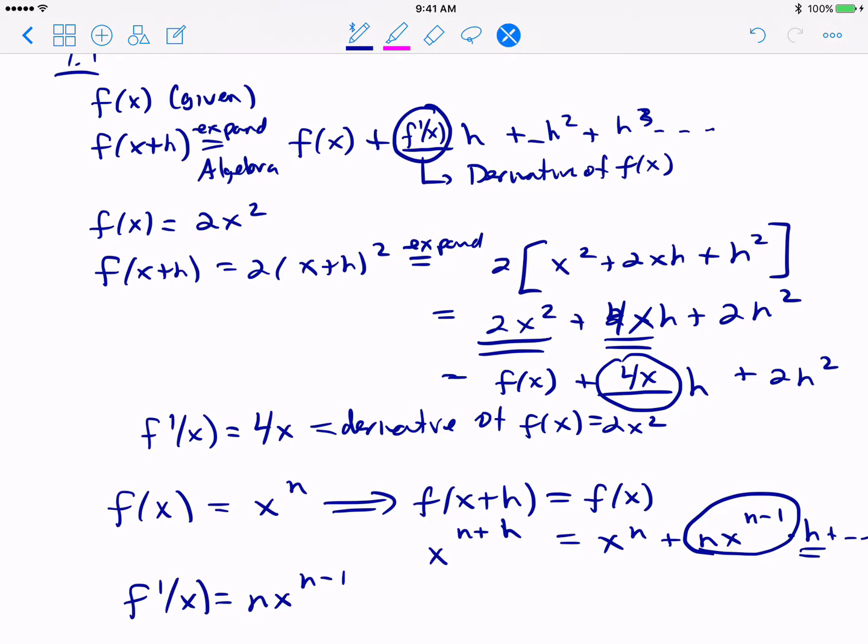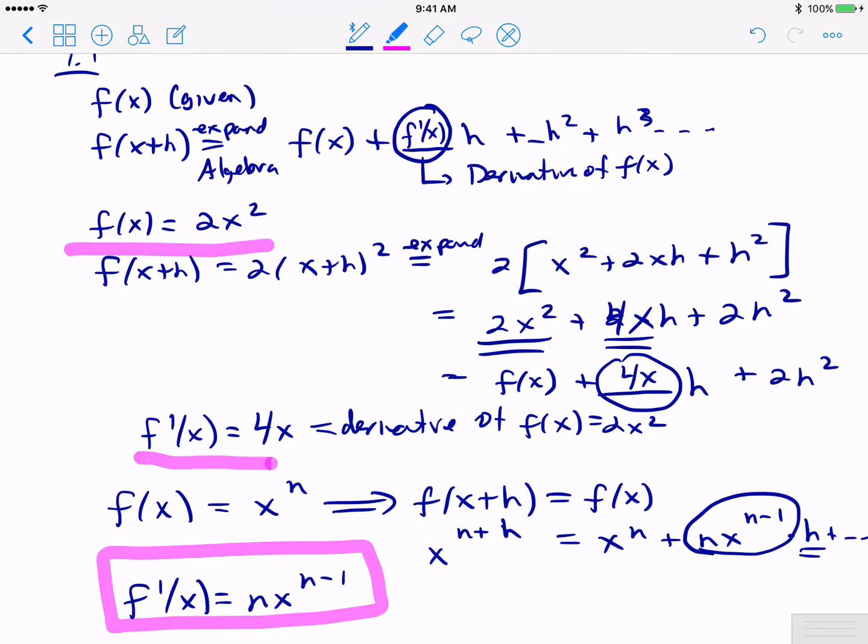So this is the first step that it's important for you to know: how to find the derivative of a function using this approximation method.